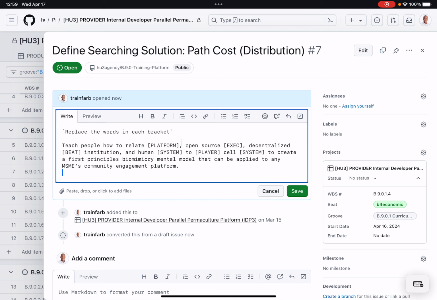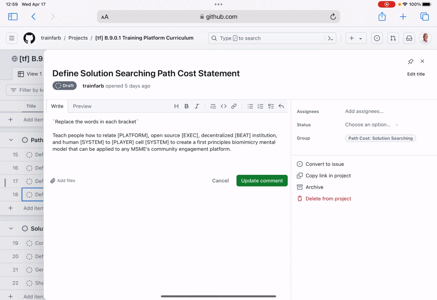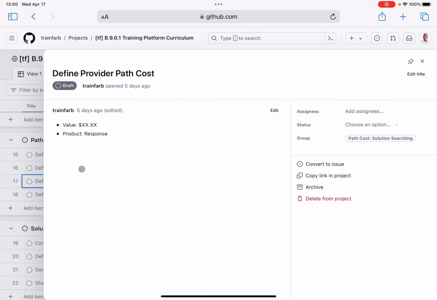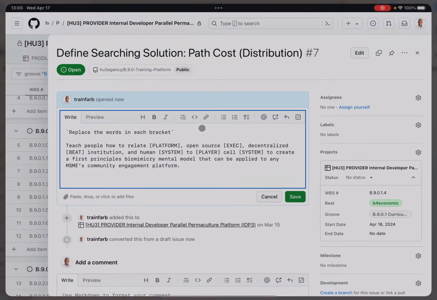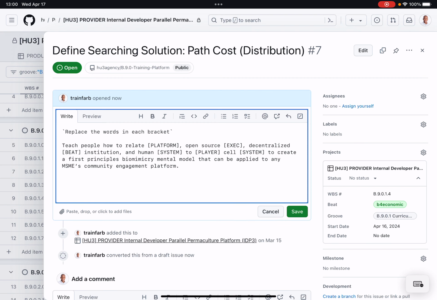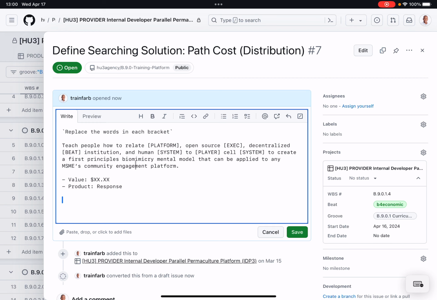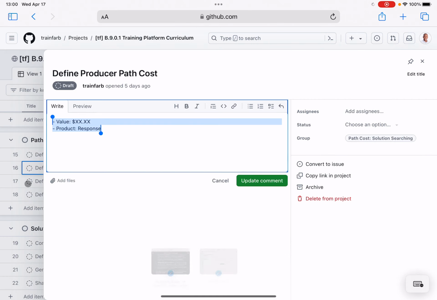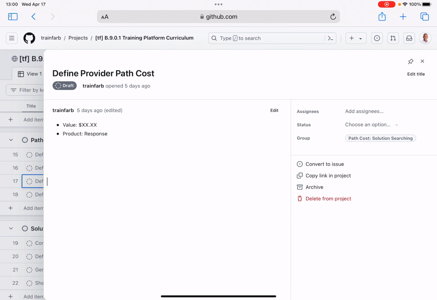Okay, so again, you can think of these sections here as the documentation. So instead of provider, let's do this in order. So we got the producer path cost. Oh, I see.